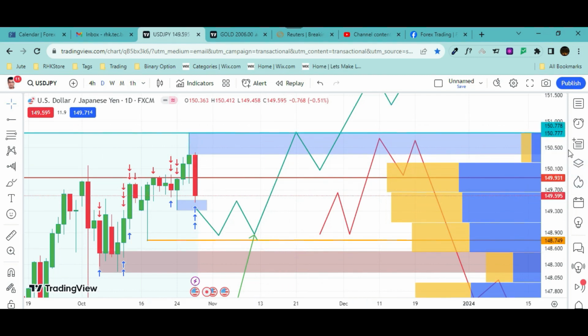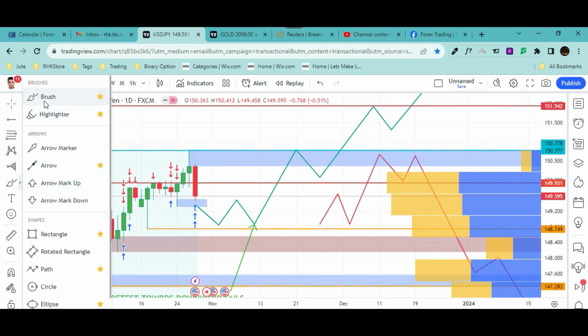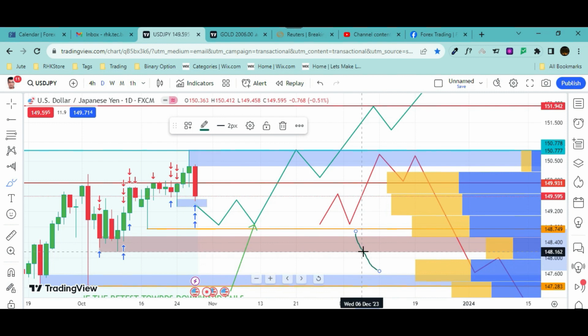So if the rate remains the same for BOJ, then maybe it will go a little bit high. And if the Fed's interest rate remains the same, it will retest and it will break down. But if the BOJ increases the rate, it may not get here. Maybe, I am telling again, maybe it will come down like this from here to here.